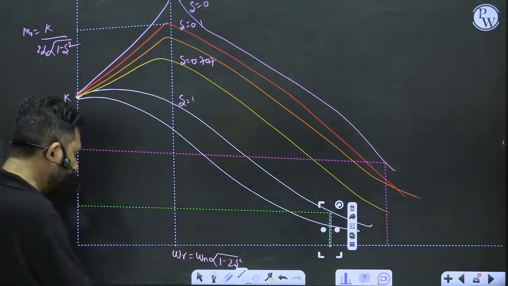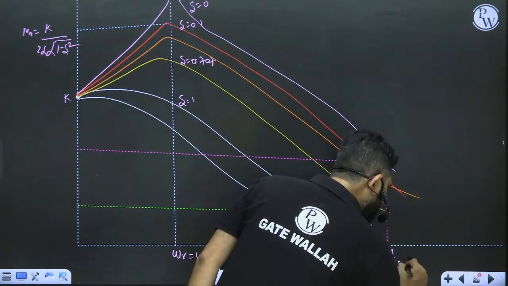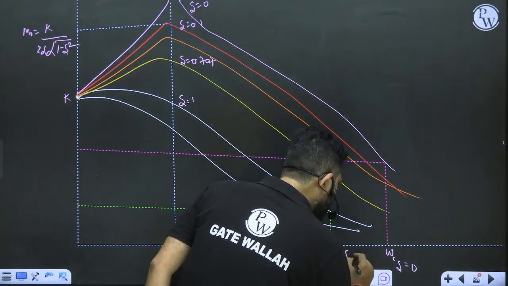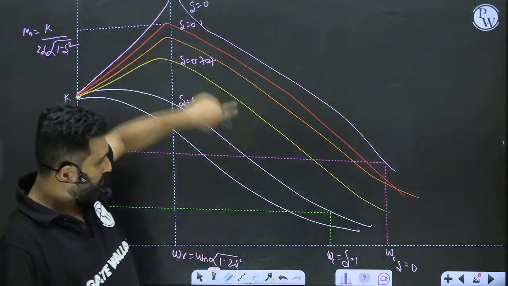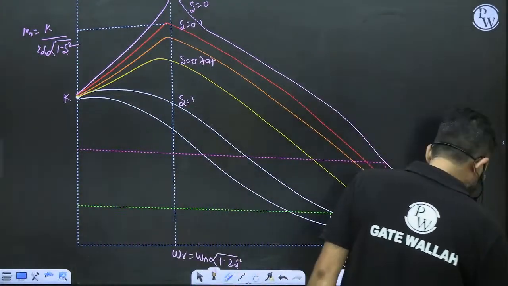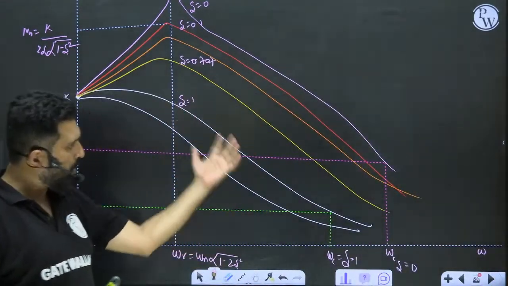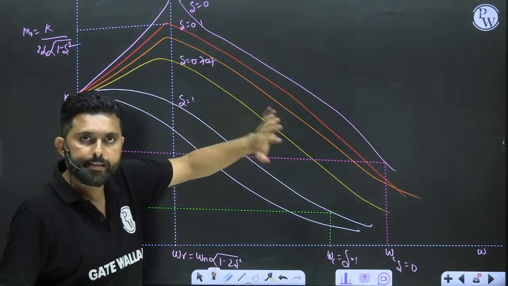This is omega c when zeta equal to 0, and this is the omega c when zeta is equal to 1. So these are the values of zeta, this is the omega, and this value will go on decreasing like this.